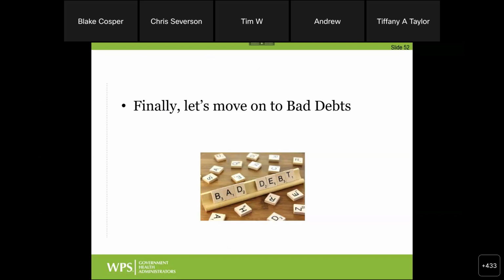If the patient responsibility is subject to financial assistance screening, isn't it a moot point whether or not the patient had insurance coverage? No, because we need to know whether they had insurance or not, because that tells us whether that patient responsibility was deductible or coinsurance, or whether it was charge.